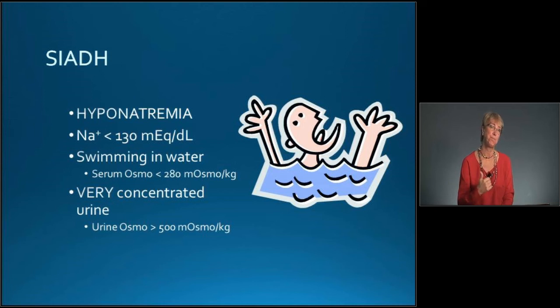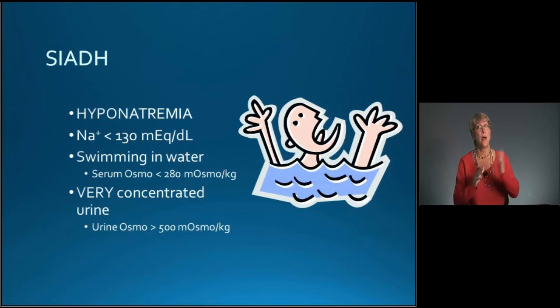So with this one, we're going to see that patient who is getting water toxic develop a dilutional hyponatremia. So their sodium level is going to drop. They're going to be literally swimming in water. Now, again, diagnostics, we're going to look at their serum osmo levels, and it's going to drop to below 280. Because remember, normal is 280 to 295.